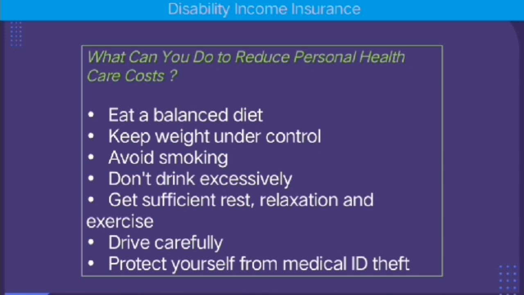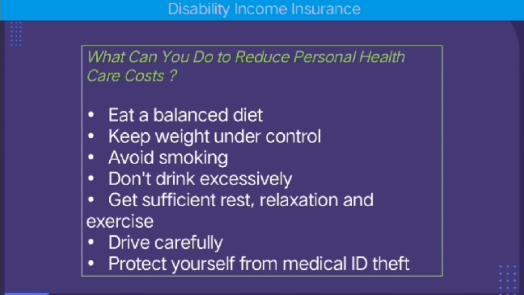And now, what can you do to reduce personal healthcare costs? So eat a balanced diet. Of course, we must eat healthy foods so we don't get sick. Keep weight under control. Of course, to make sure our bodies are healthy.